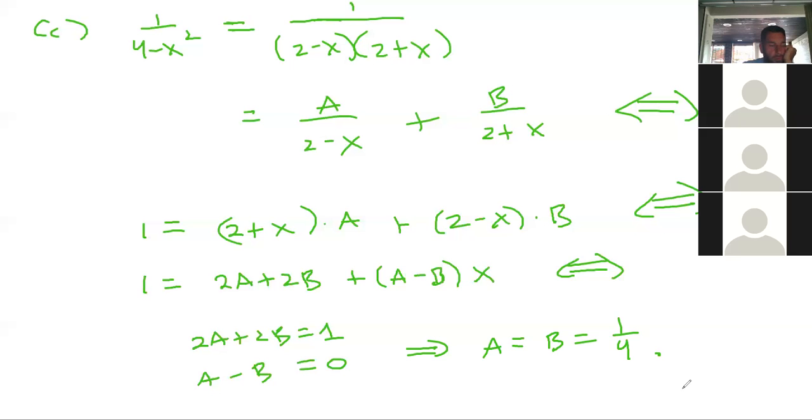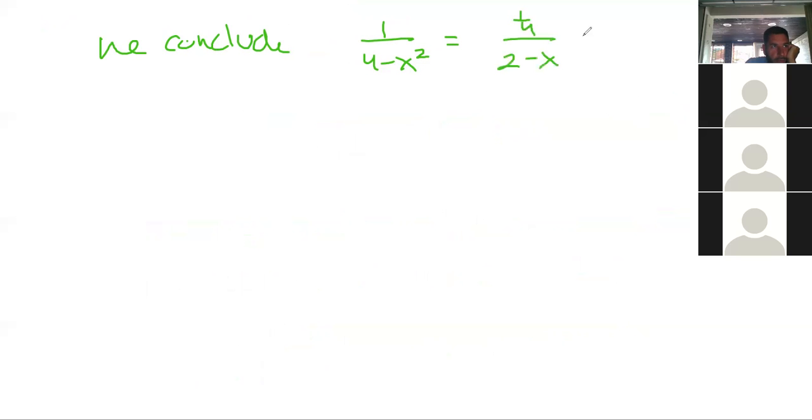So what we've discovered is the following, here's what we can conclude. That 1/4 minus x squared is the same as 1/4 over 2 minus x, plus 1/4 over 2 plus x.